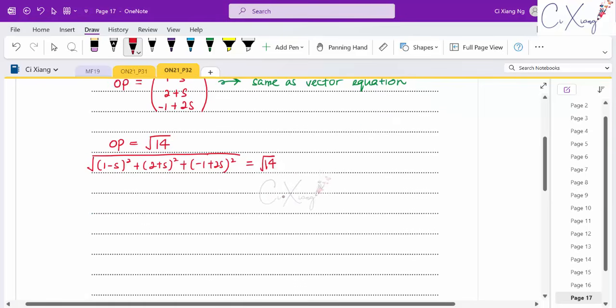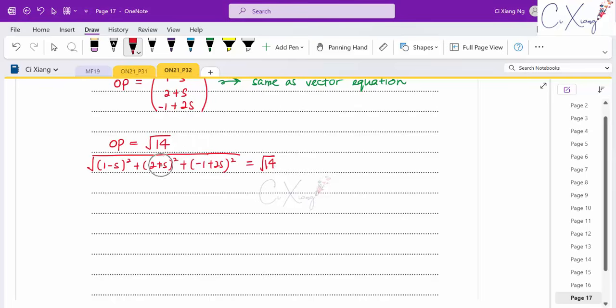Now we will start to expand everything. Try to expand all the brackets here: (1 minus s) squared, (2 plus s) squared, and also (-1 plus 2s) squared. You have to do this very carefully to avoid any careless mistake. This equals 14.